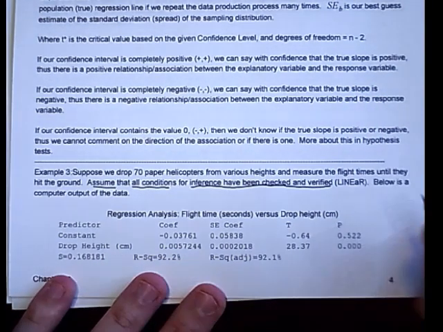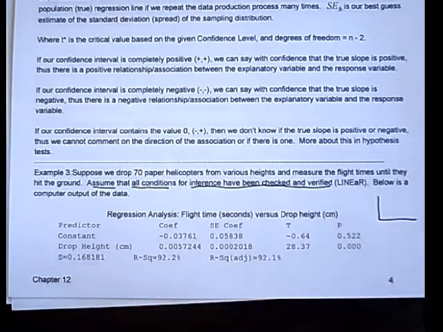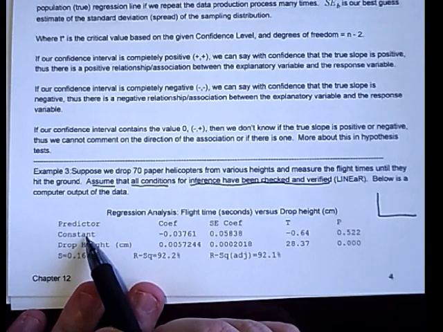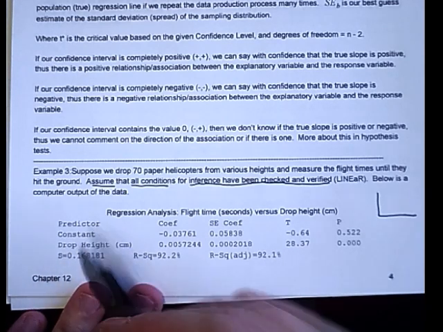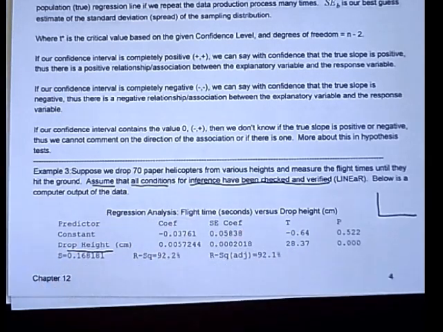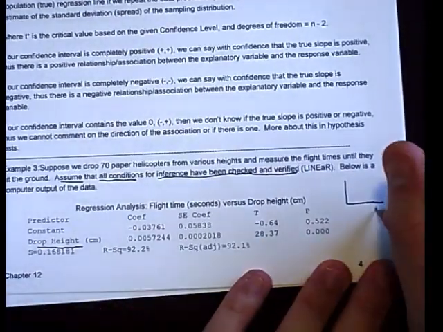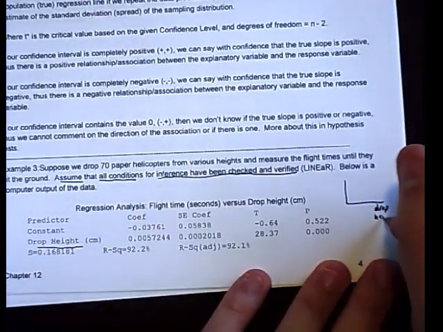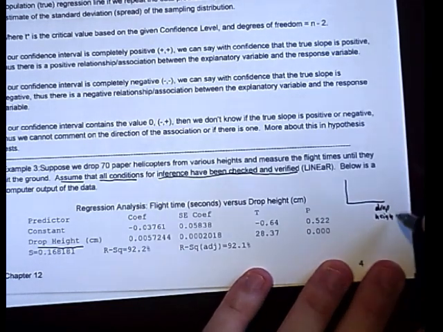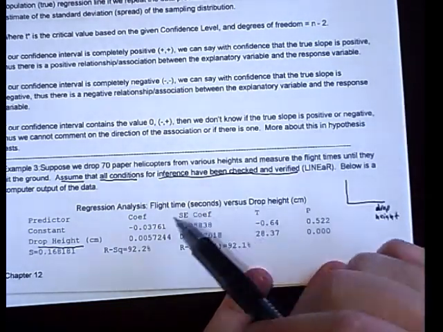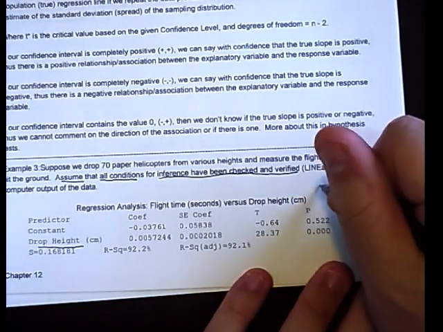Okay, so if we're thinking about this based on this computer printout, they're saying constant and drop height. This right here is the explanatory variable, or the x variable. So drop height is going on this axis, and flight time is going on this axis.